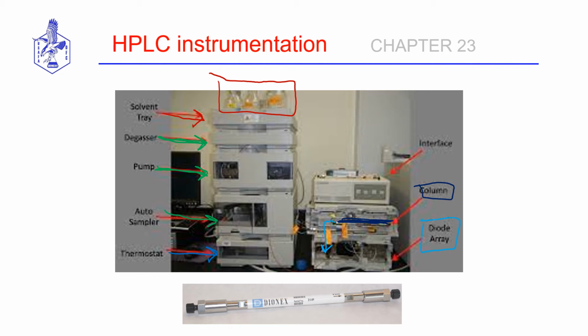In this case, it's a UV visible absorption spectrophotometer that has a diode array detector. Depicted down below is an actual column in its metal sleeve. Okay. All right, and once again, that is the heart of the column where the actual separation takes place.